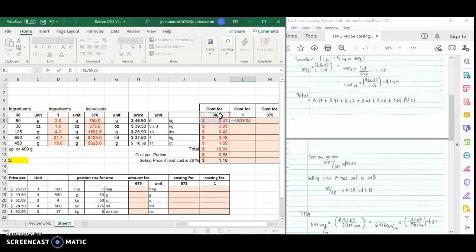And now for the cost for one, simply use price right here divided by 30. Again, use the absolute reference because we're going to divide everything from this side by 30. Now we'll get 2 cents, autofill. There you go. But there can be some discrepancy on this one, so we want to make sure that for the cost for one, we use the round function.